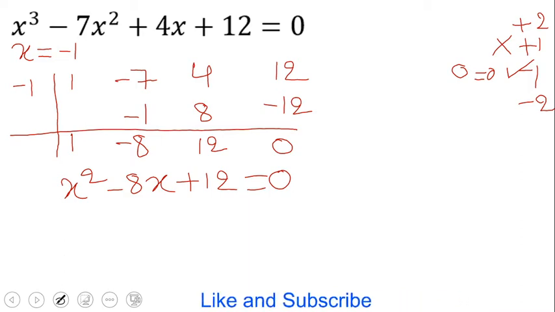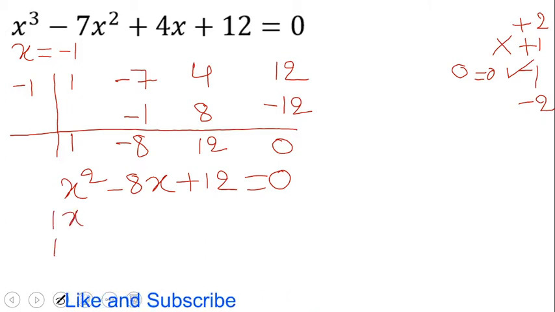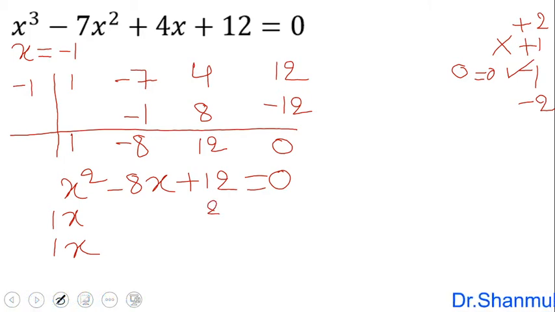Factors of the x square coefficient 1 are 1 and 1, so 1x and 1x I write. Factors of 12, I can take 2, 6, 12.